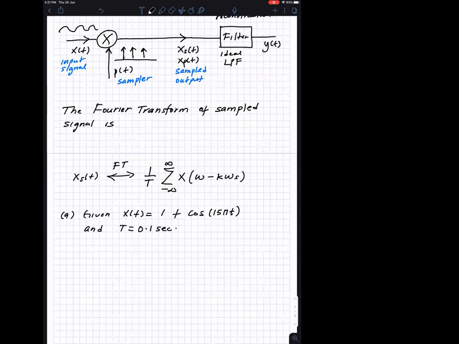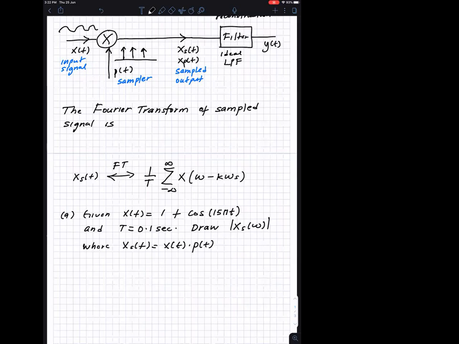So now you're supposed to draw X, the Fourier transform of the sampled signal, where the sampled signal is the input signal multiplied by the sampler, the impulse train.